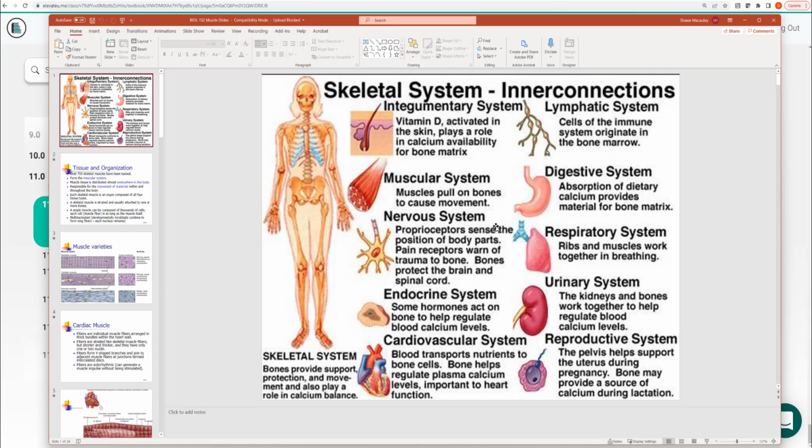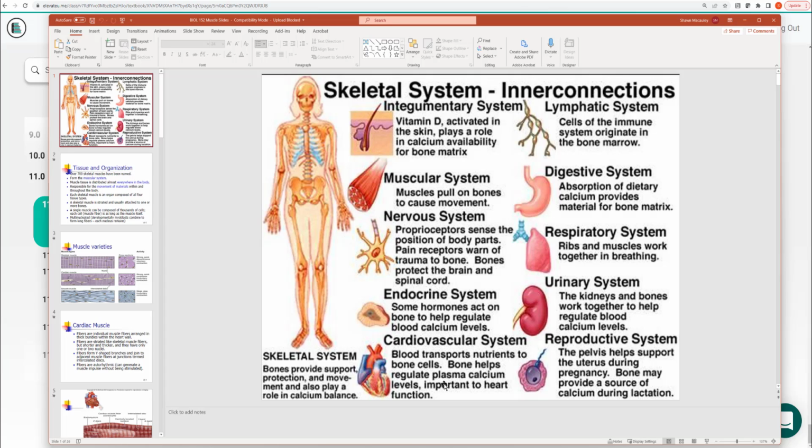For that, you would simply say the skeletal system interacts with the integumentary system because vitamin D is activated by the skin and is important in calcium absorption. Or you could say that the cardiovascular system and the skeletal system connect because the hematopoiesis that occurs in the skeletal system is creating the blood cells necessary for cardiovascular system function.